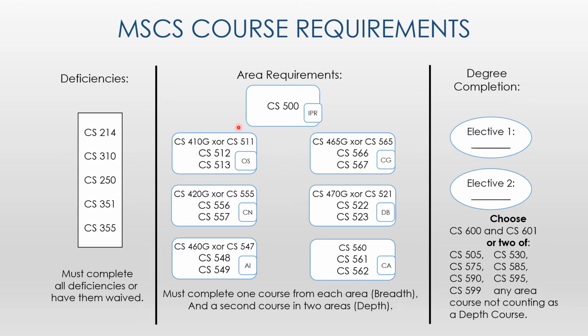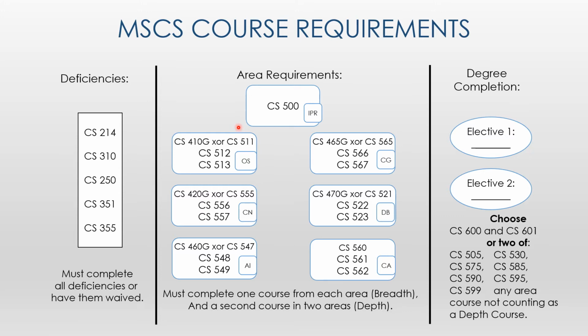Those are both the first course in operating systems. The 410G would be a course that will have both graduate and undergraduate students in it. And the CS 511 will be just graduate students, and it may be taught slightly differently since we don't have the undergraduates there. We can do things a little bit differently when it's just graduate students.